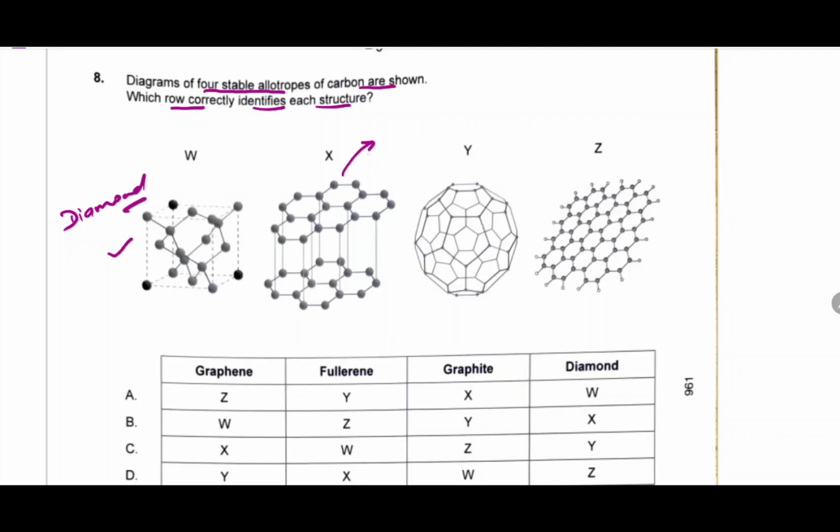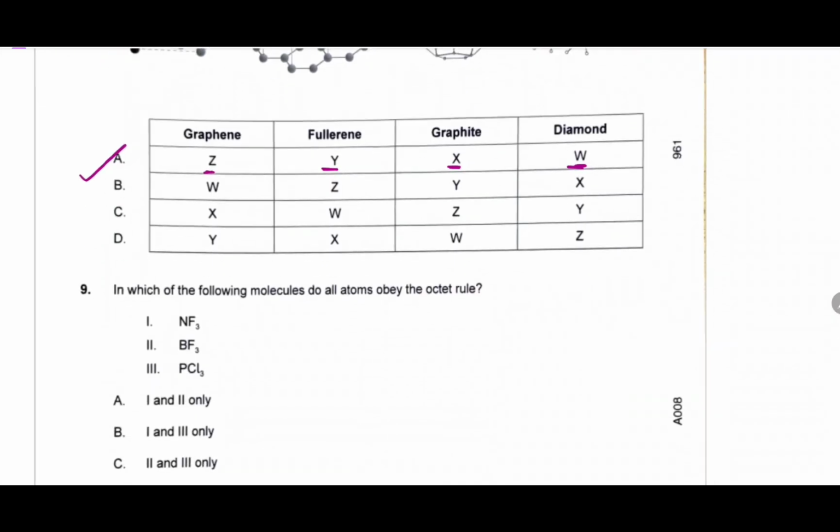And this is graphite, hexagonal structure, and this is fullerenes, buckyball like structures, and this is graphene, a single layer of graphite. It means Z is graphene, Y fullerene, X graphite, and W diamond. Answer A is correct. Since graphene is Z and this is the only option in which graphene is Z, the answer is A. For 8th question, answer is A.